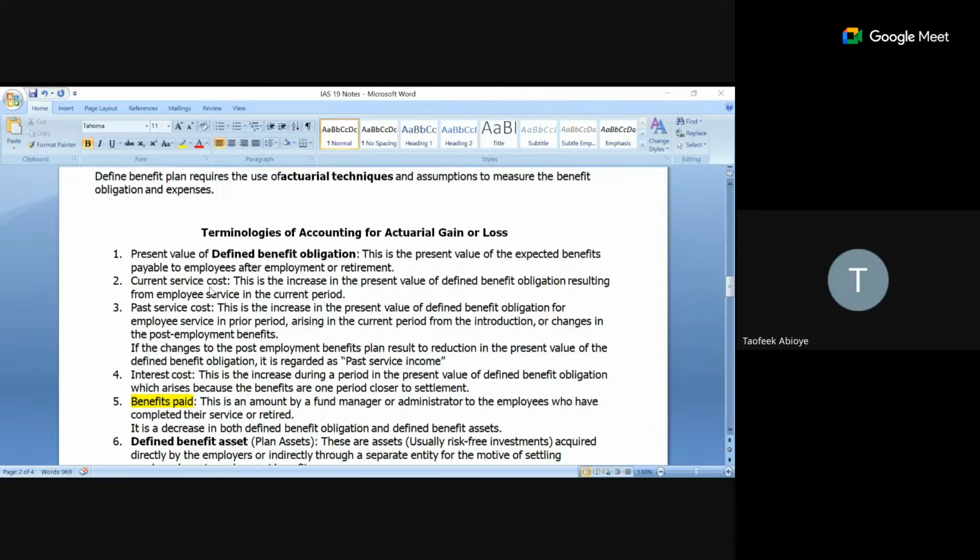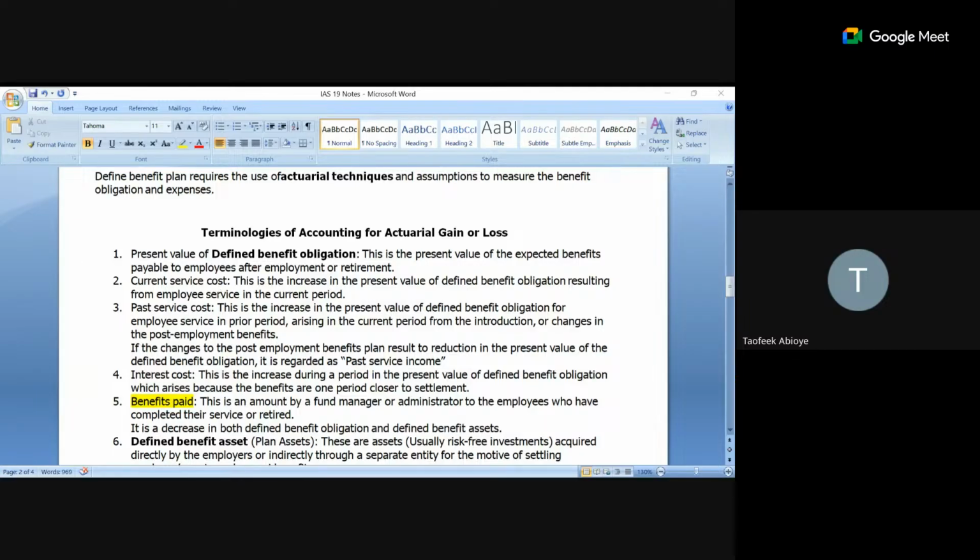If you settle any employee that is going, it will reduce your contribution from 120. If you remove 5, it reduces to 115. So with defined benefits paid, please take note, it will affect your defined benefit obligation and defined benefit assets.